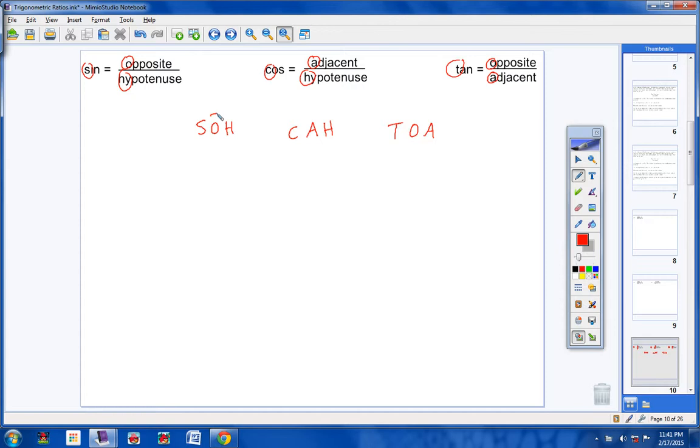We said a long O, a short A, and a long O, and a short A, okay? So-ka-toa, so-ka-toa. If you can simply remember so-ka-toa, then you'll remember that sine equals opposite over hypotenuse, cosine equals adjacent over hypotenuse, tangent equals opposite over adjacent.